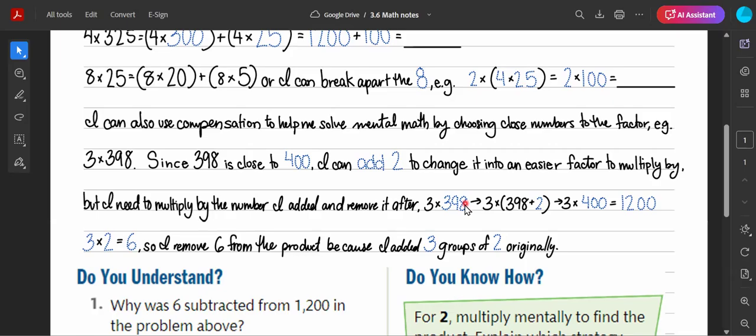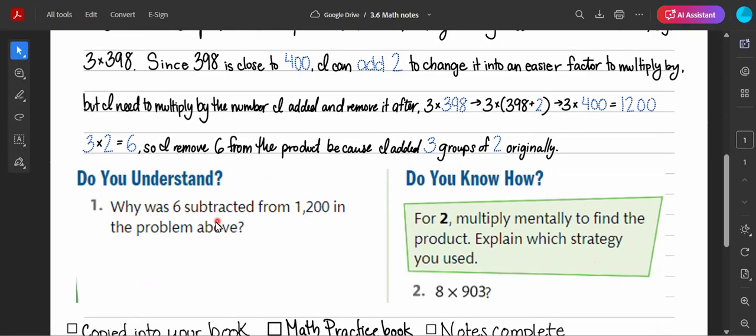So changing that to make it a compatible number, we're going to add 2. So now 3 times 400, because adding 2. And you get 1,200. But because we added 2, and we multiplied it by 3, we had 6. So I have to remove 6 from the product because I added 3 groups of 2 originally.